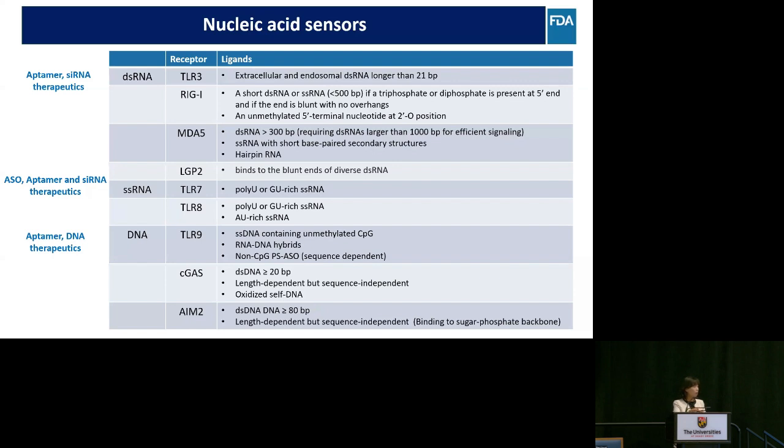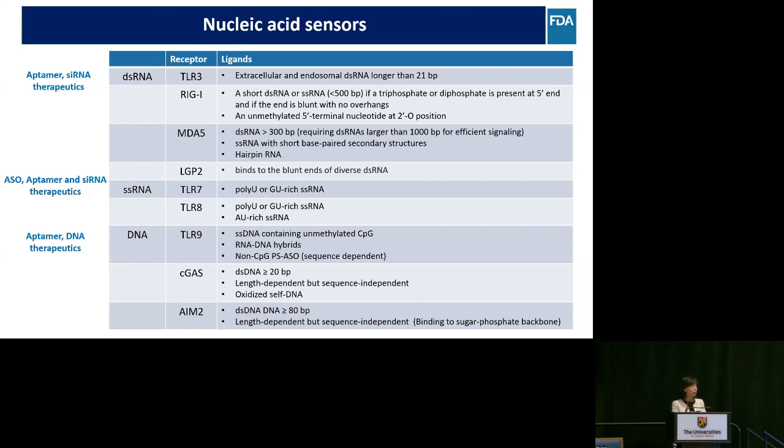But as shown in this table, not all double-stranded RNA or DNA can bind to these receptors. There are certain criteria, certain characteristics needed for the ligands. For example, let's see TLR3. If double-stranded RNA wants to bind to TLR3, it should be longer than 21 base pairs. But with 21 base pairs, it does not induce strong immune responses.